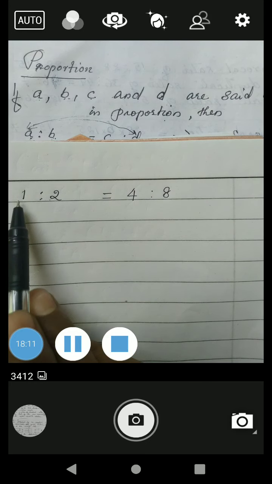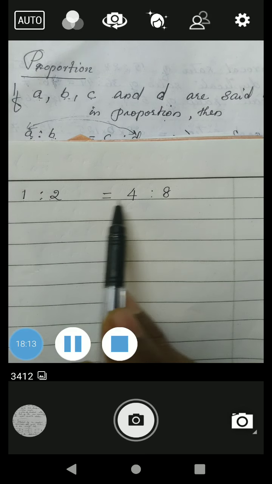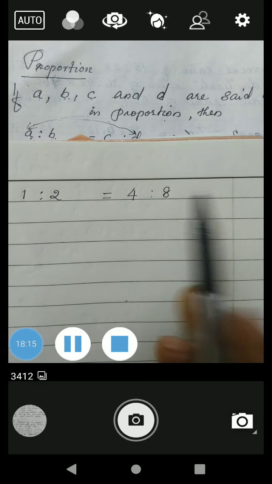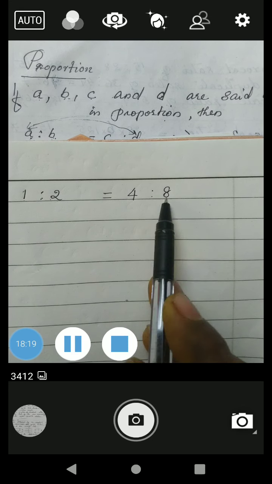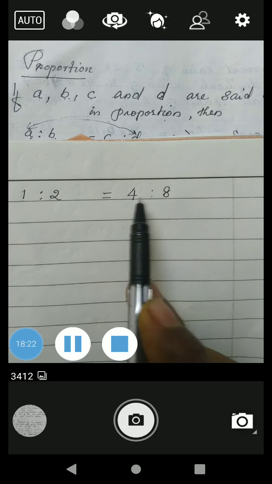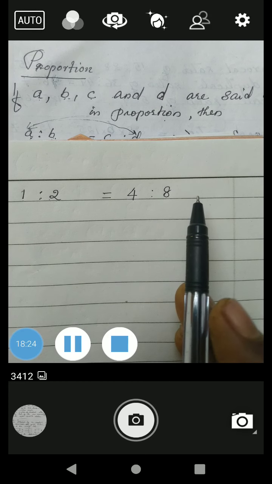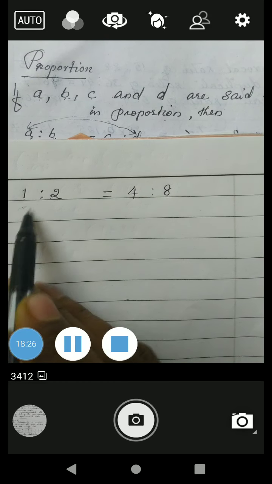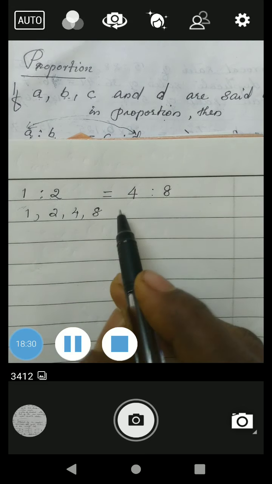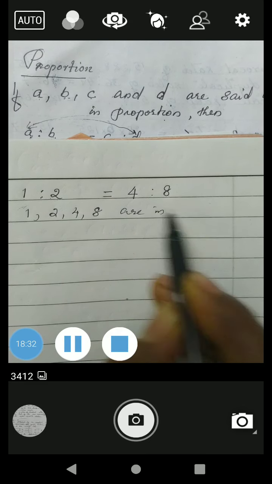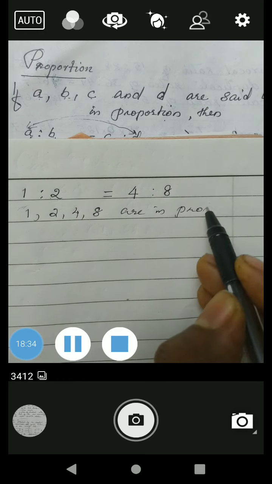Now we can say that 1, 2, 4 and 8 are in proportion. Okay, 1 is to 2 is equal to 4 is to 8 because 4 is to 8 is 4 by 8. It is again 1 by 2 itself. Now we can say that 1, 2, 4 and 8 are in proportion. That is what proportion.